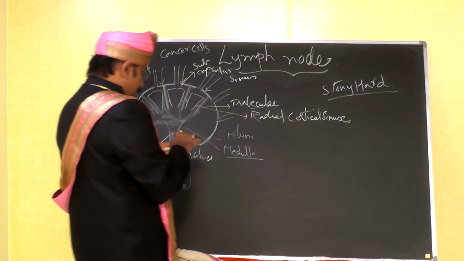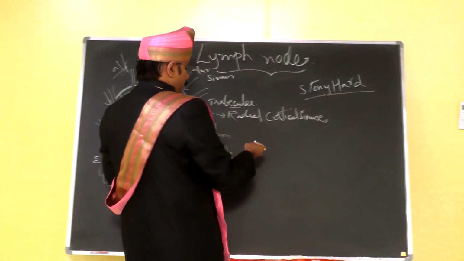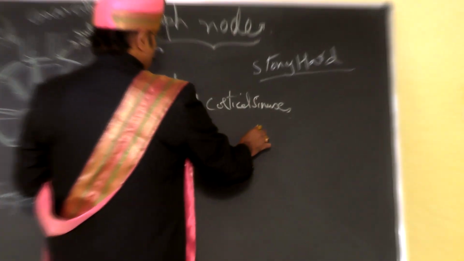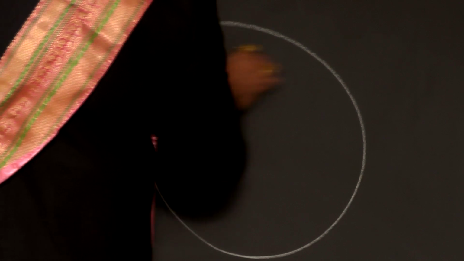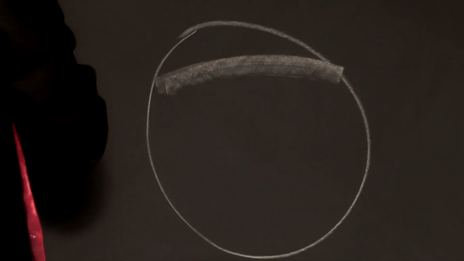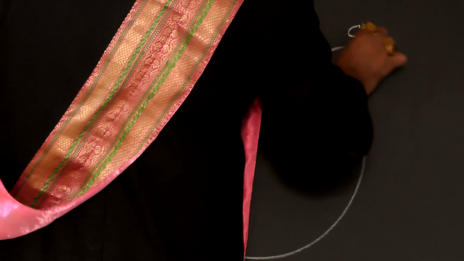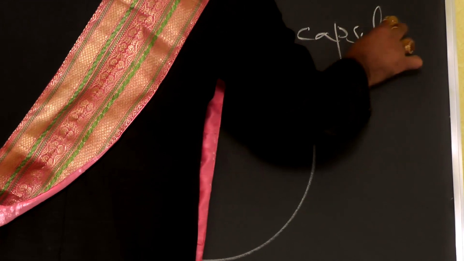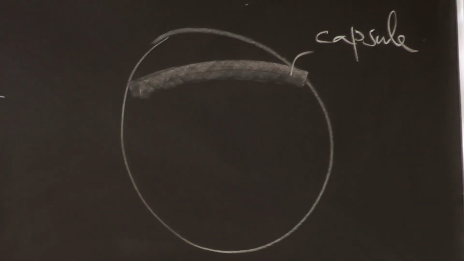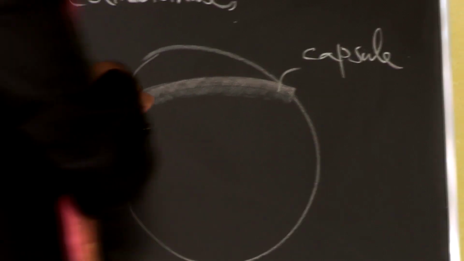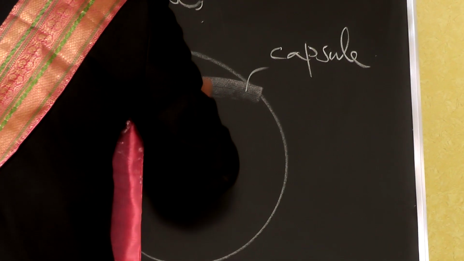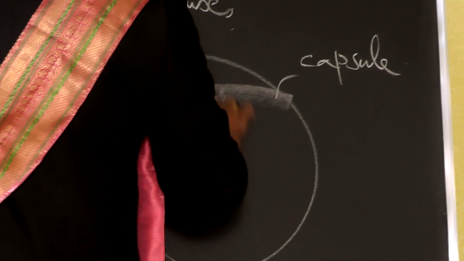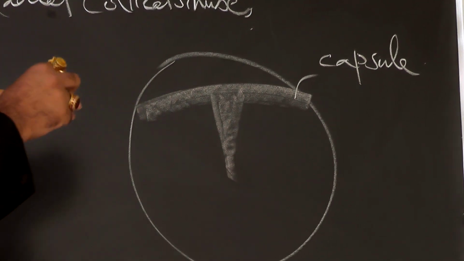Now when you are trying to draw the histological picture of this, you will first have to draw the boundary. Here we have the capsule. Now what are we drawing? We are drawing a capsule, and the capsule of the lymph node is made up of collagen fibers and reticular fibers. Now extending into the lymph node, especially the cortex area, we have the trabeculus.